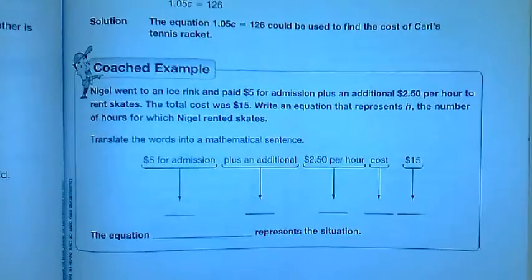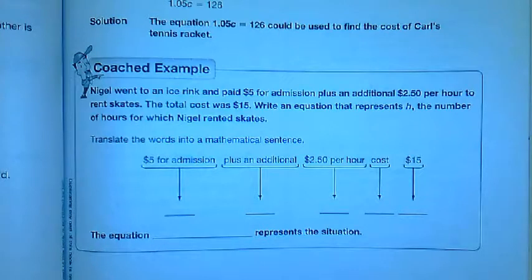And for our last one, Nigel went to an ice rink and paid $5 for an admission plus an additional $2.50 per hour. It tells me to use H. And the total cost, so this all equals 15.